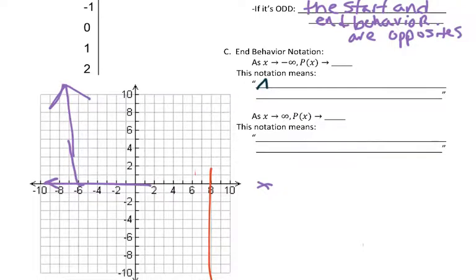Let's see how it is as the graph goes left. So again, that's what this piece is saying. As the graph goes left, the image ends up or down.